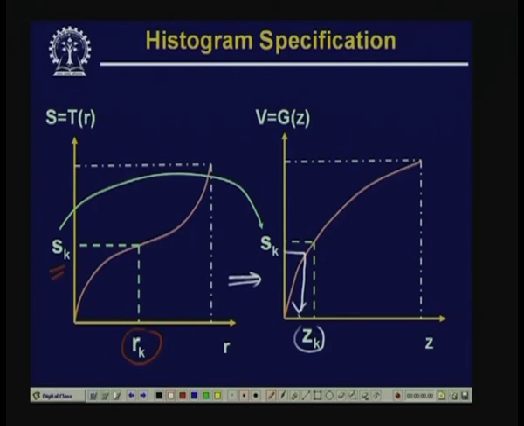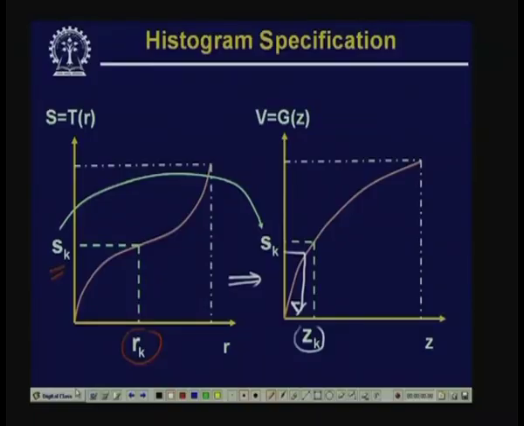Now our direction of transformation is reverse, and we find out Zk from this value of Sk using this transformation curve Gz. But as we have mentioned, it may not always be possible to find analytical expressions for T and G. So, though the method appears very simple, its implementation is not that simple.